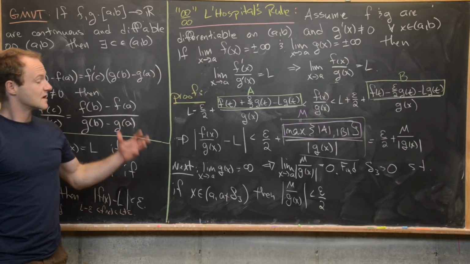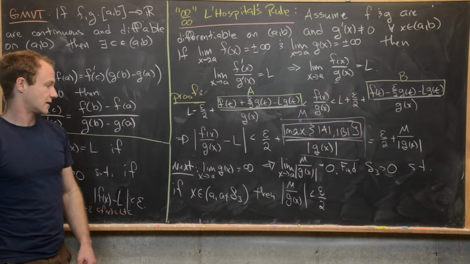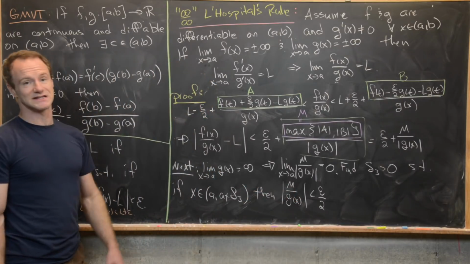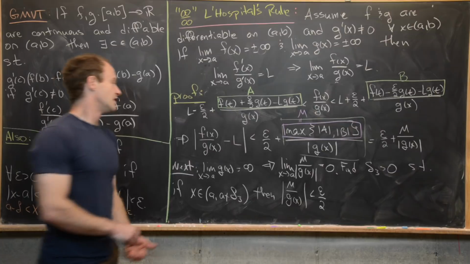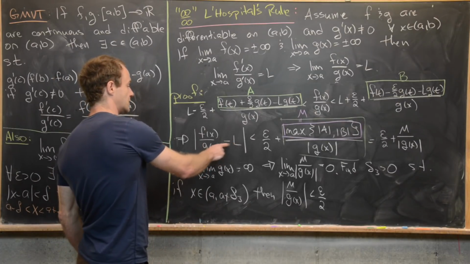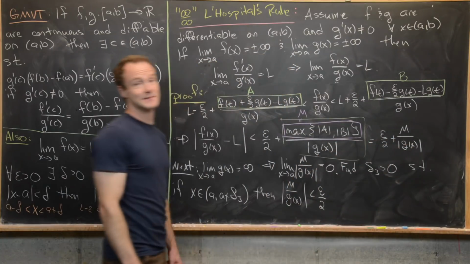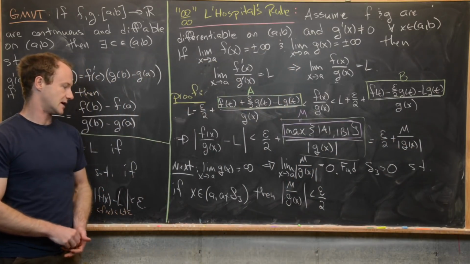Great. But what I want to point out here is that if this m over g of x is less than epsilon over 2, then that means our f of x over g of x minus L will be less than epsilon over 2 plus epsilon over 2, which is less than epsilon.